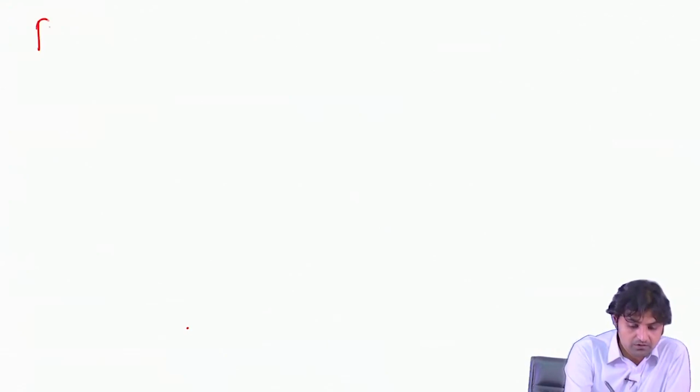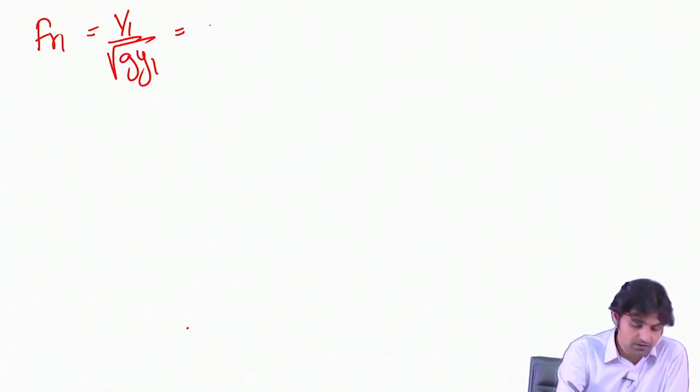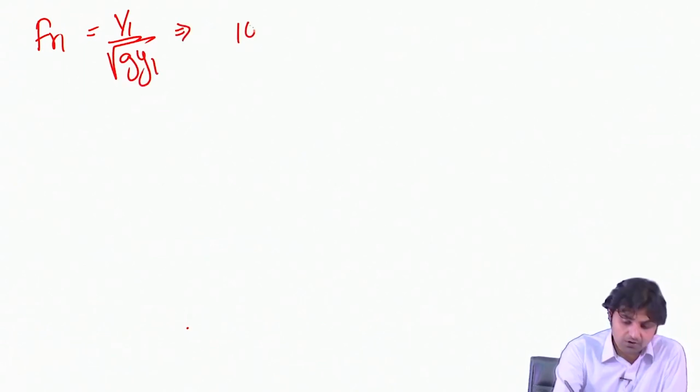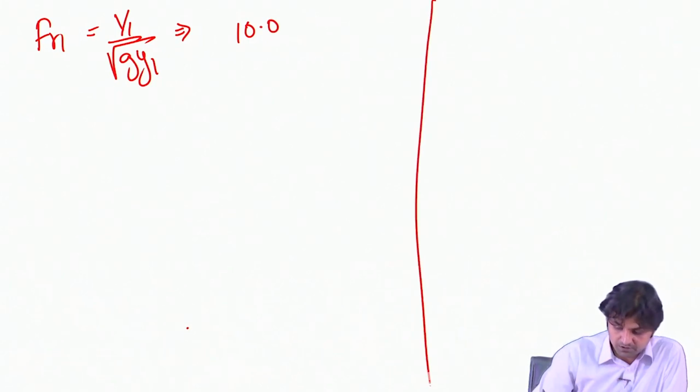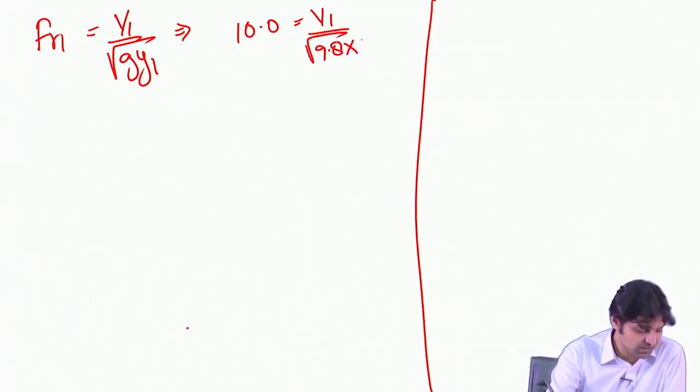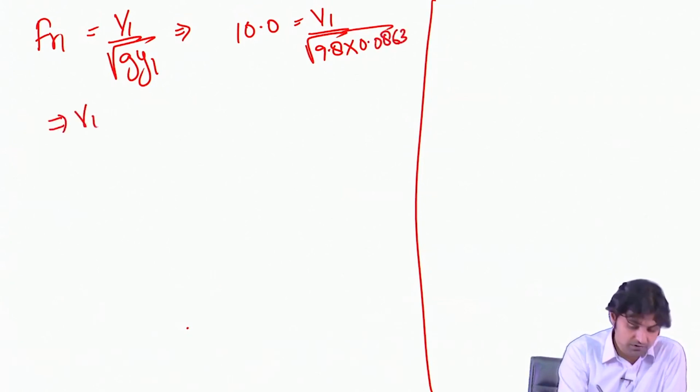All right. So, we have found out y2 and y1. So, we also need to find out Froude number 1, that is v1 by under root g y1. Okay. So, Froude number 1 we already know, 10 is equal to v1 by under root 9.8 into 0.0863, which implies v1 is going to be 9.20 meters per second.